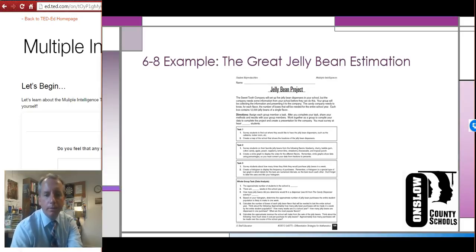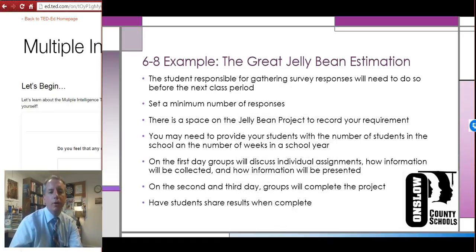You will see here that each group member is going to get a piece of the overall task. The first task being to conduct a survey, and then they're going to work towards displaying that data and deciding how to do that in an effective way. So we have to tell kids, if you're going to collect survey responses, although they certainly could do it using technology, they're going to have to do that before they come together for the next class period.